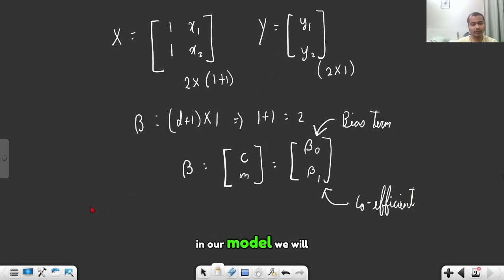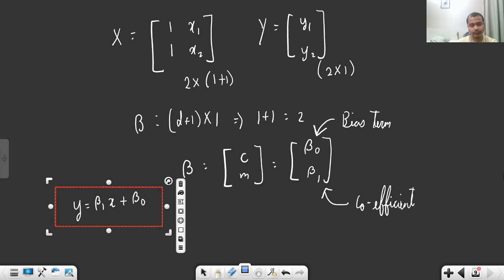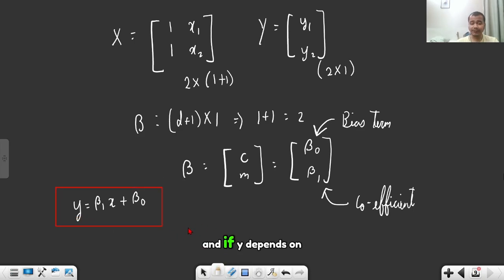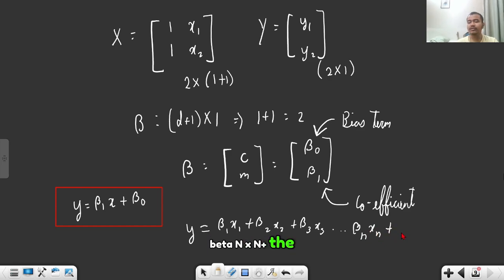In our model, we will finally get y equals beta 1 x plus beta naught. And if y depends on n features, then it's going to be beta 1 x1 plus beta 2 x2 plus beta 3 x3 and so on, and lastly beta n xn plus the extra bias term beta naught.